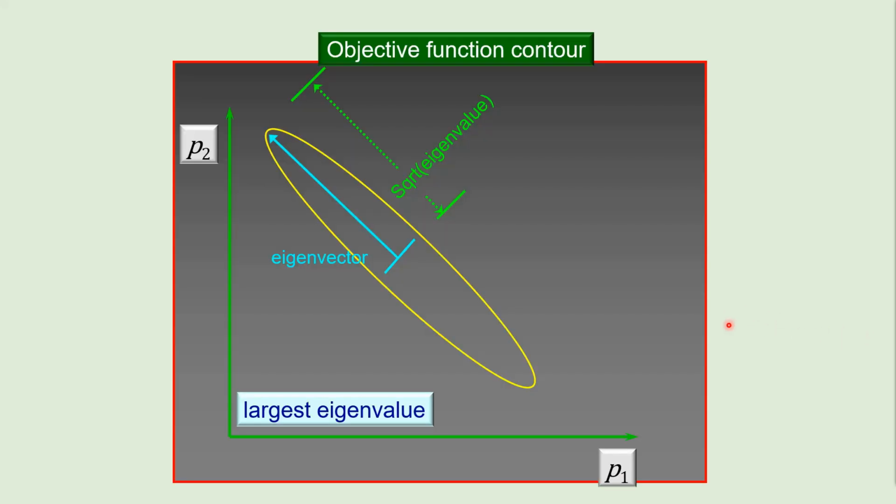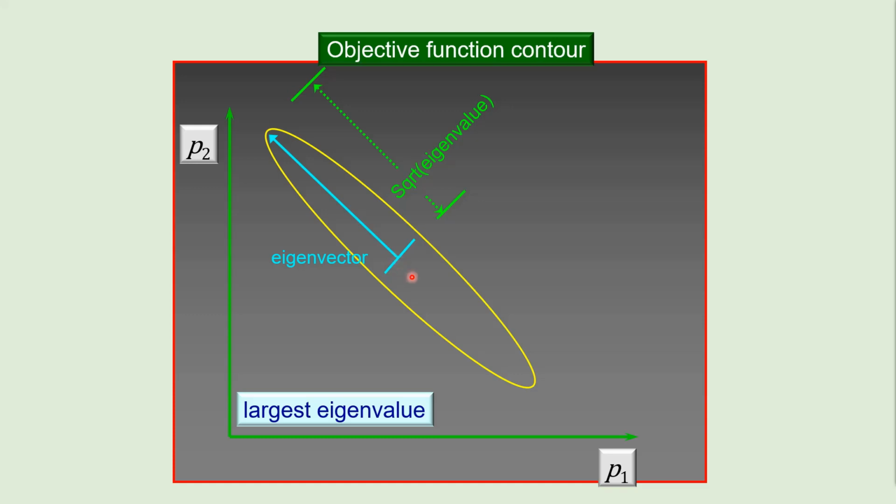A nice quality about the eigenvectors of a covariance matrix is that they point along the principal semi-axes of the ellipses that the objective function contours form if the model is linear.